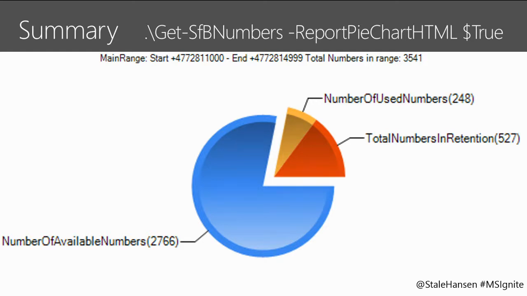And this is a good way to report in terms of making sure you have enough numbers when you are onboarding a larger amount of users, or you need to order new numbers for future call services or whatever. And since it's a pie chart, it's a really good way to report upwards. Just put it in a PowerPoint, and you can have decisions made based on that information. How cool is that?